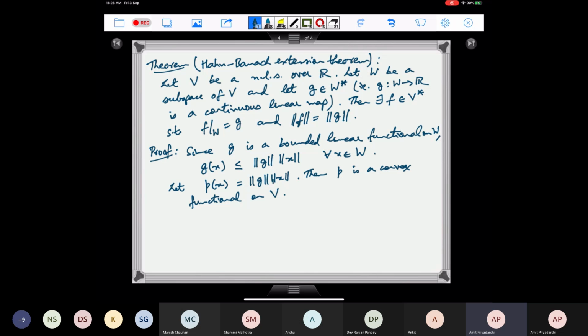What you have to verify simply is that p of x plus y is less than or equal to p x plus p y, because the norm of x plus y is less than or equal to norm x plus norm y. And p of t times x, if t is a positive real number, is norm g times norm of t x, and norm of t x is equal to t times norm x if t is positive. Therefore, this satisfies both properties of a convex functional. And we get that g of x is less than or equal to p of x.